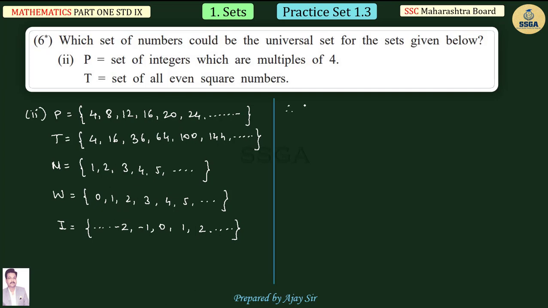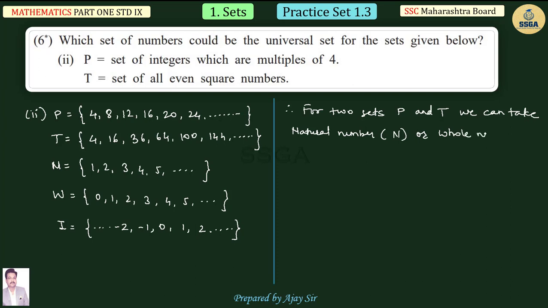So for the two sets P and T, we can take natural numbers, N, or whole numbers, that is W, or integers, that is I, as a universal set.